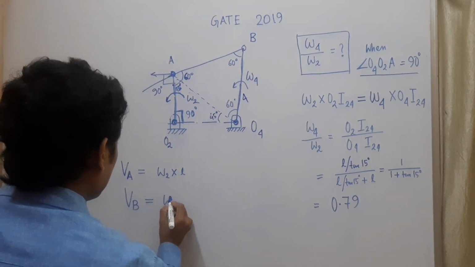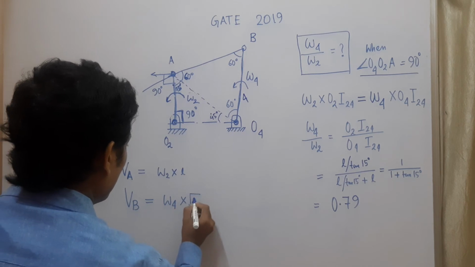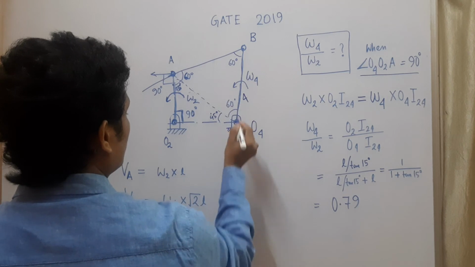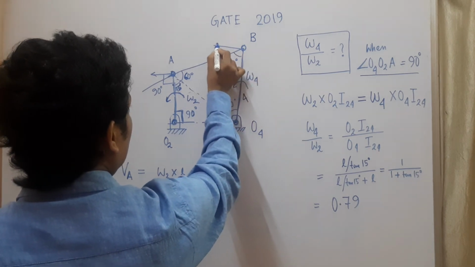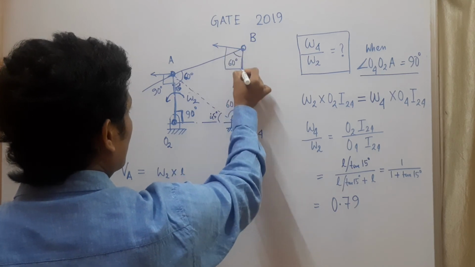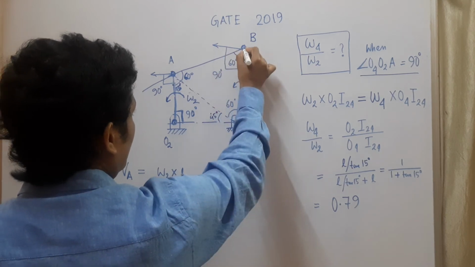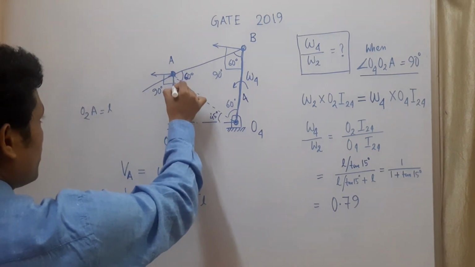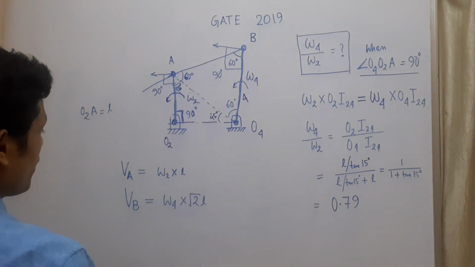VB is equal to omega 4 into root 2 L, because the length of O4B is root 2 L. And what will be the direction? VB is perpendicular to O4B and VA is perpendicular to O2A.